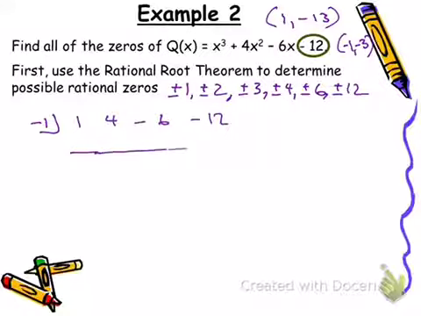Tomorrow when we work on these in our groups, I'm going to give you guys whiteboards so you can kind of erase and do what I'm doing. Does 2 work? Two works, doesn't it? All right, so we found a zero. What else have we found?